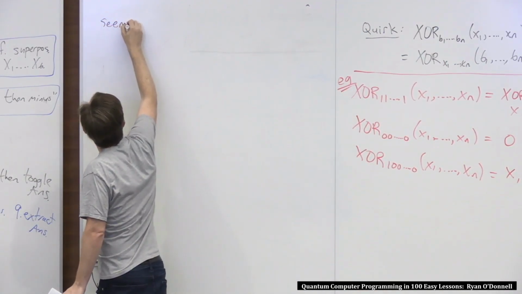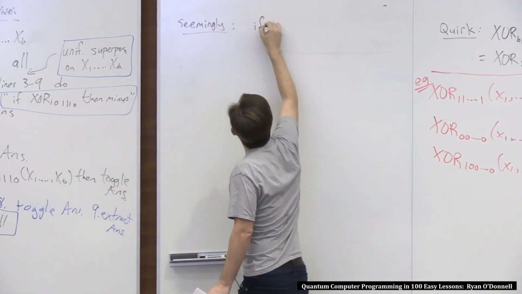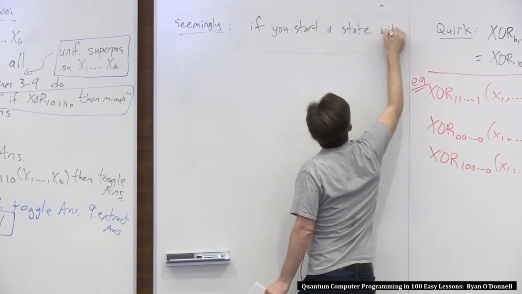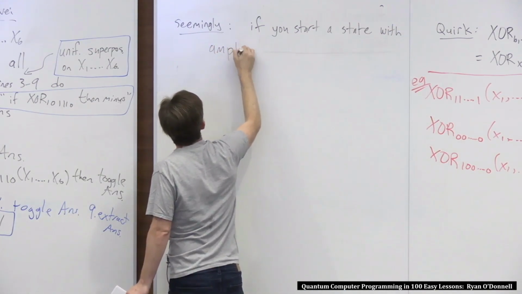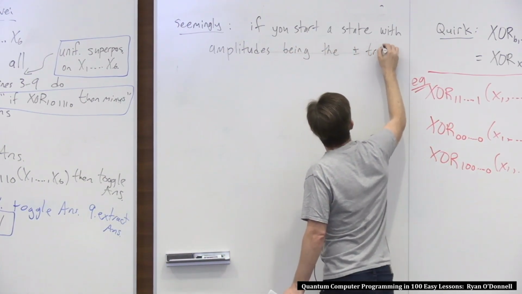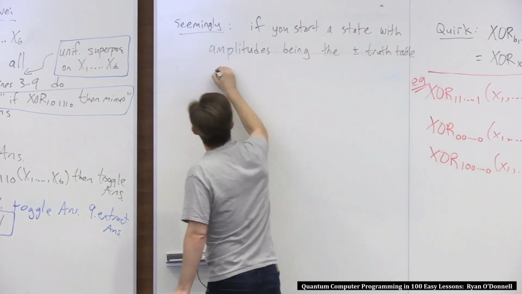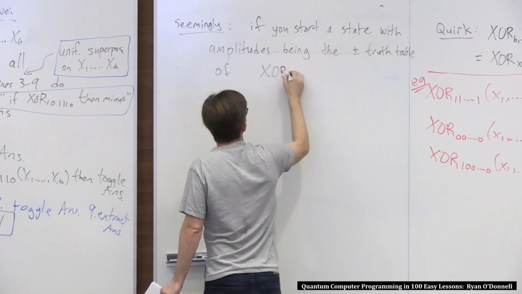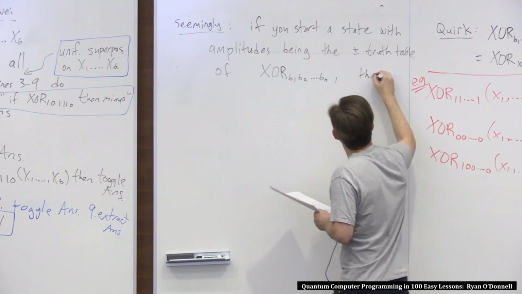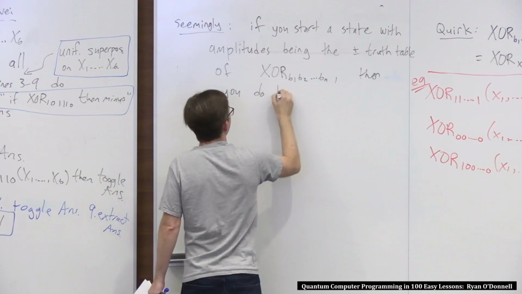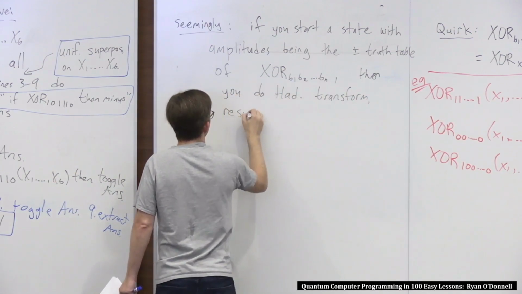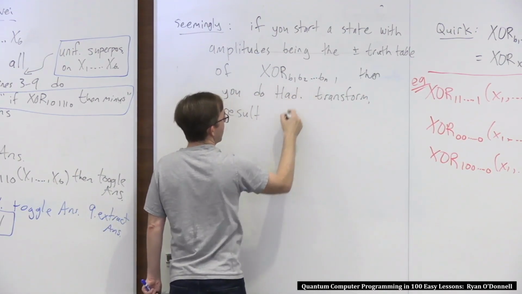So seemingly, if you start a state with amplitudes being the ±1 truth table of some bitmasked XOR function, and then you do the Hadamard transform, the result is just all amplitude on this basic state.